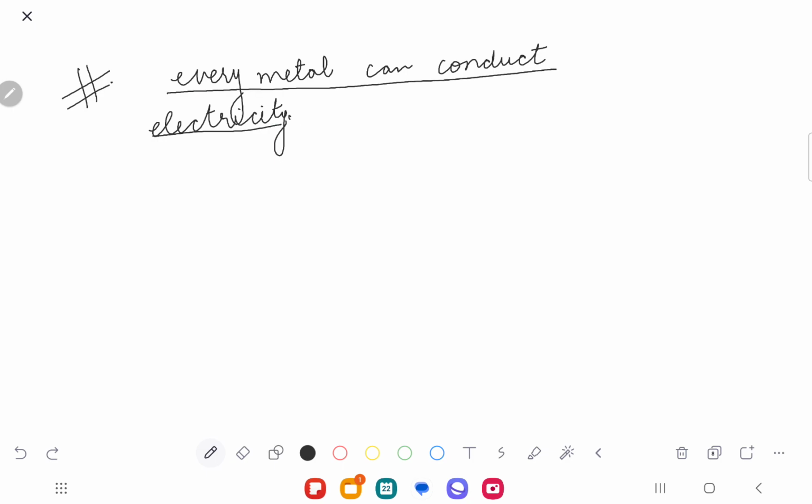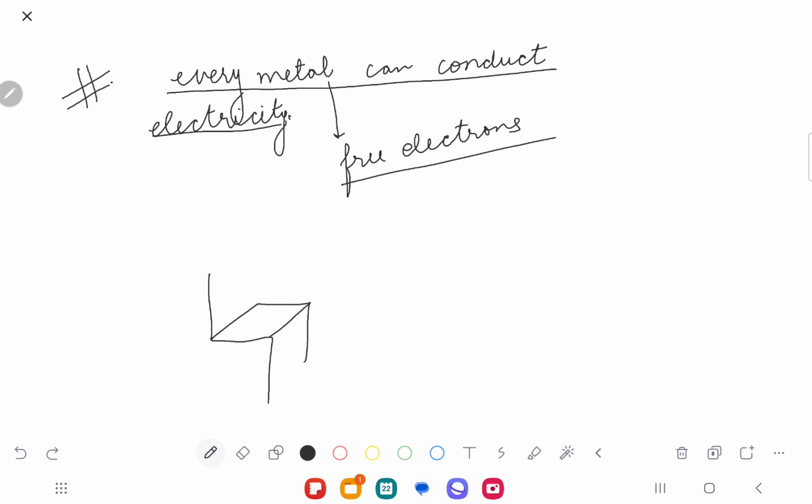But under what conditions? One condition we know is that they have free electrons. Definitely it can. But will it conduct electricity always, or under certain conditions? Certain conditions. So understand one thing. Let's suppose we have this iron chair, okay?